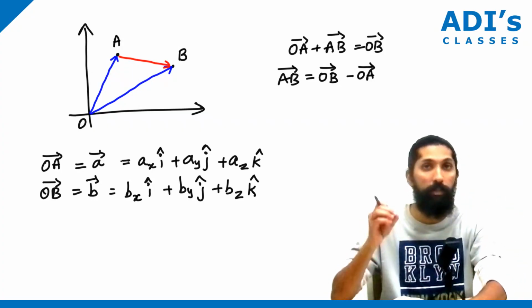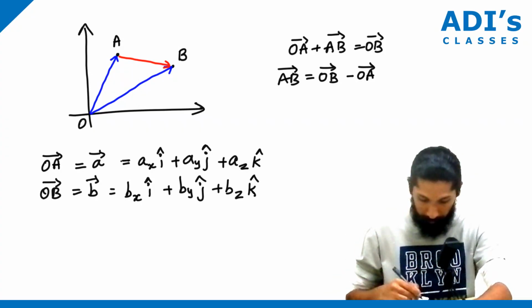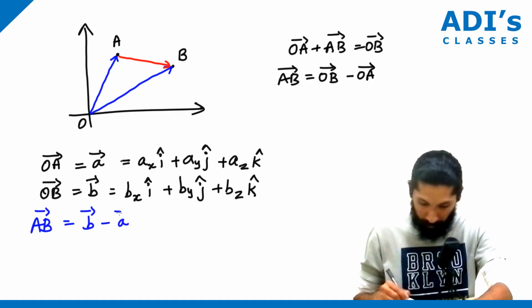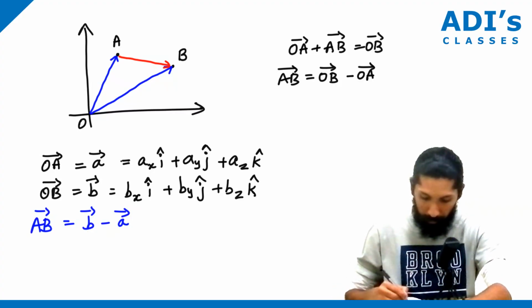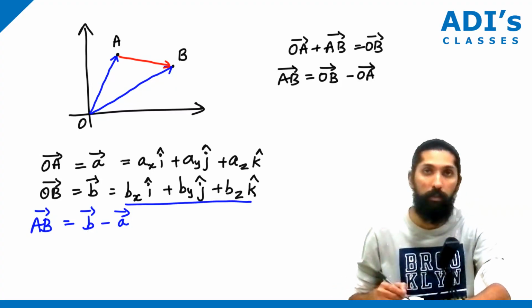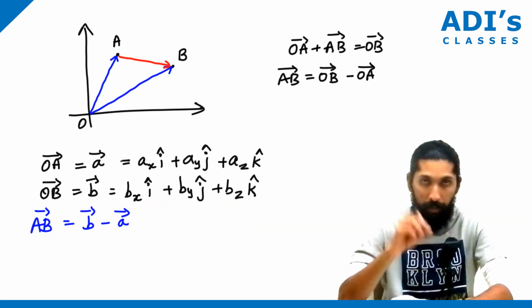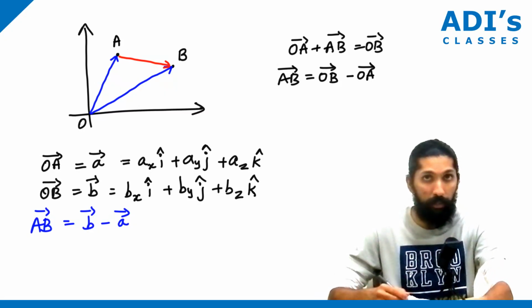So if you do it with the components, OB minus OA, that means AB is equal to vector B minus vector A, because that's OB minus OA. But what is B? B is given by this. Now, remember one thing: whenever we have components, the i component can be added or subtracted only with i.